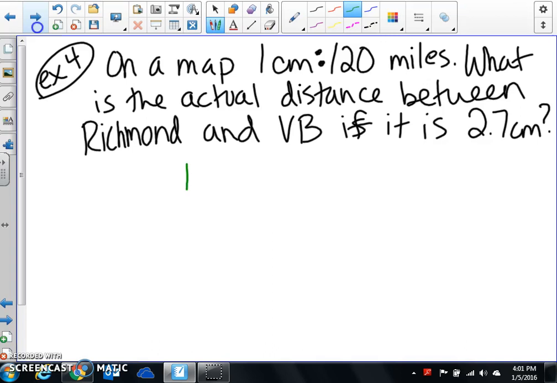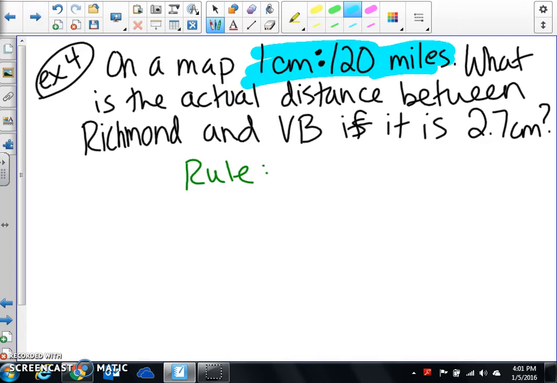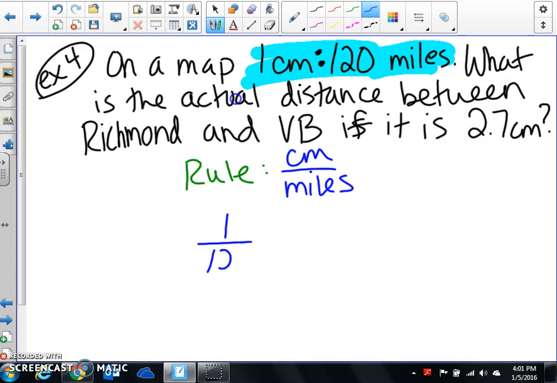All right, so our rule, you can take the rule directly from the scale. Okay, so we're dealing with centimeters and miles. So centimeters over miles. So our first ratio, our first fraction is already set up for us, 1 over 120, right? Centimeters on top, miles on the bottom. And then over here it tells us 2.7 centimeters.